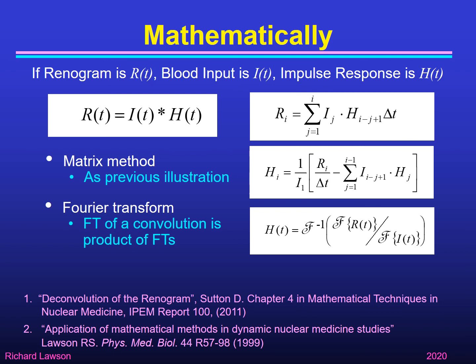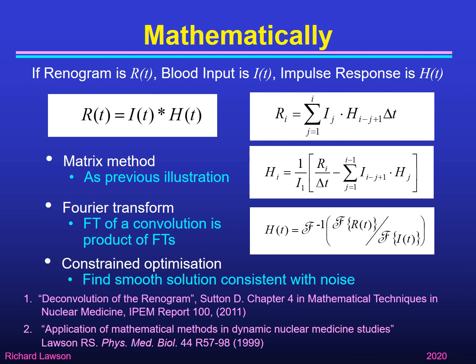Whichever method we use, it's all rather subject to noisy data. Here we are taking a ratio of two rather noisy values and using that to subtract something off, which means that any errors will propagate and get worse and worse each time. If we use the Fourier transform method, then we're dividing one rather noisy function by another, and that can also amplify noise.